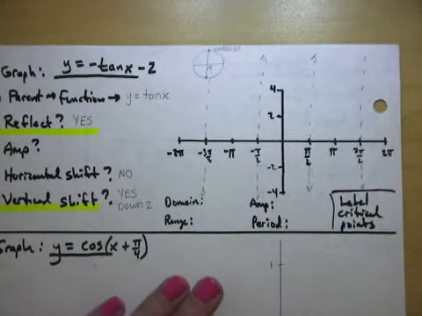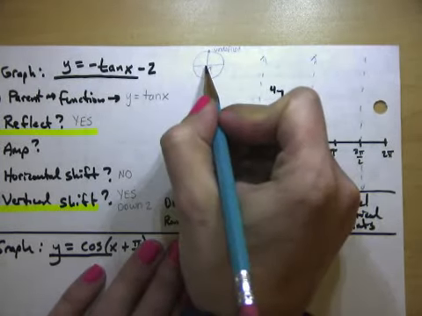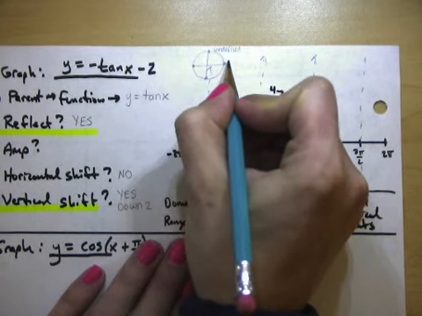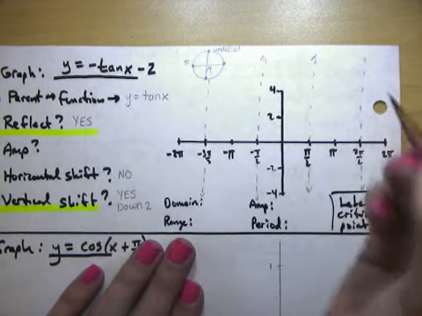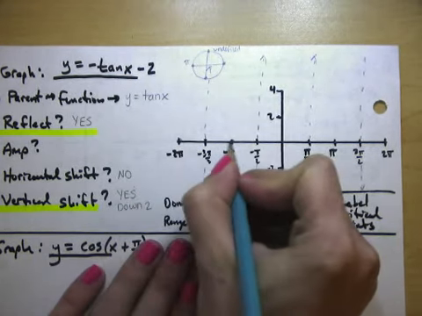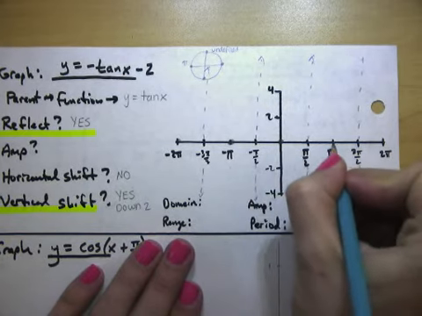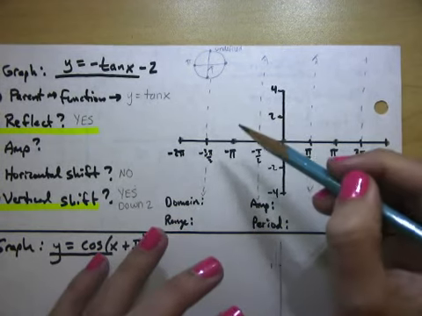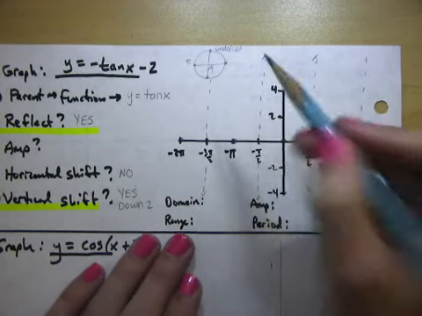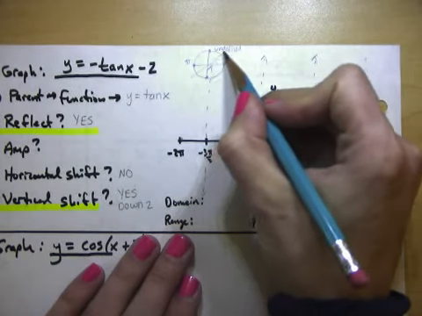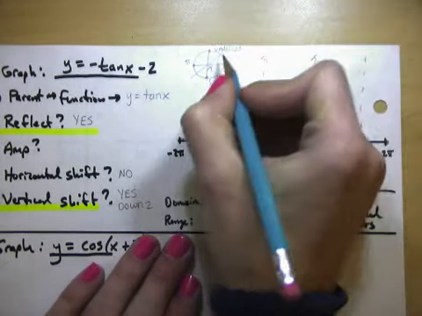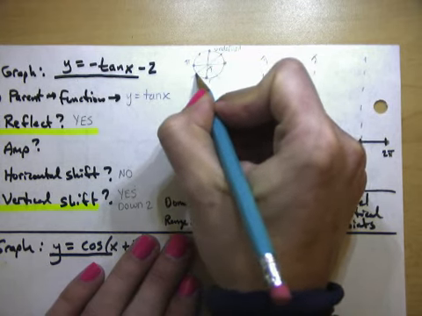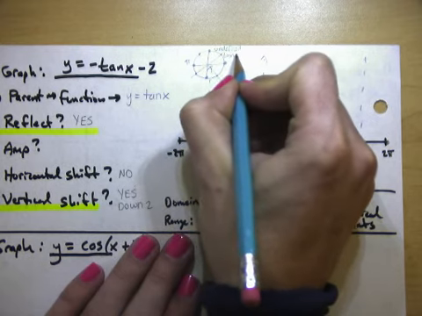After we've got our asymptotes, the next easiest points to graph are where tangent's going to be equal to 0. That's where sine is equal to 0, which is every multiple of pi. So in this case, here at negative 2 pi, negative pi, 0, pi, and 2 pi. Then to graph at least a couple other points within each period, we talked about in class that at odd multiples of pi over 4, like pi over 4, 3 pi over 4, 5 pi over 4, and 7 pi over 4, tangent's equal to 1 or negative 1.